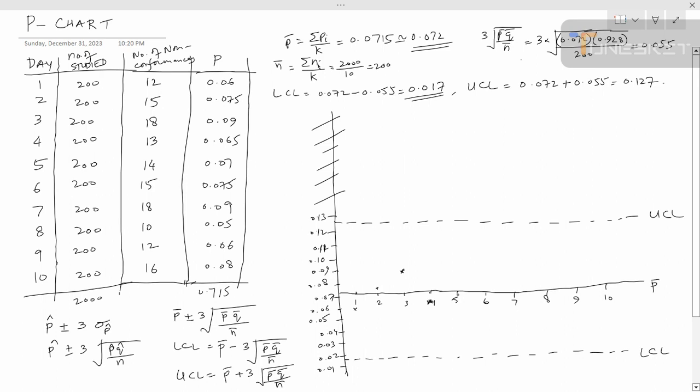Then day 5 is 0.07, that's over here, then 0.075 here, then 0.09 on day 7, then 0.05 here, 0.06 here, and 0.08 here.